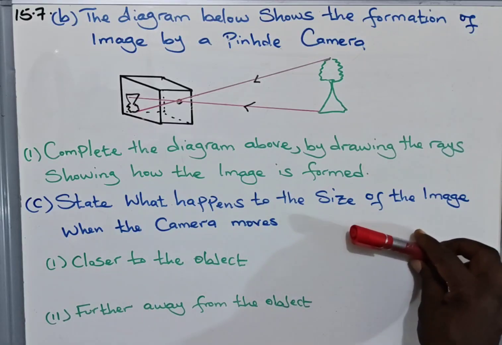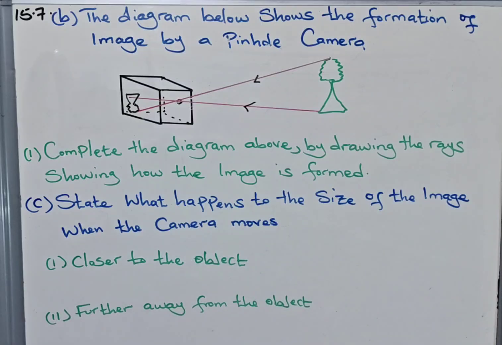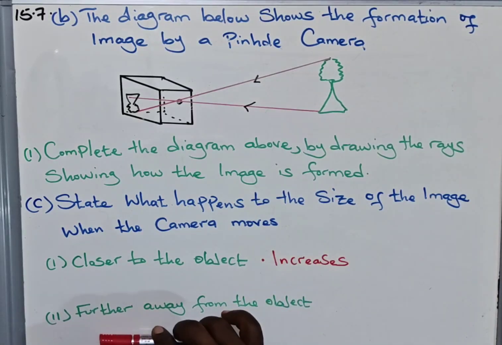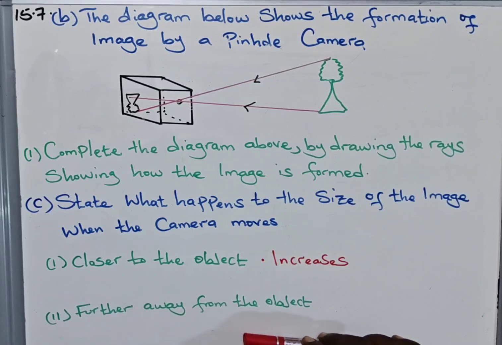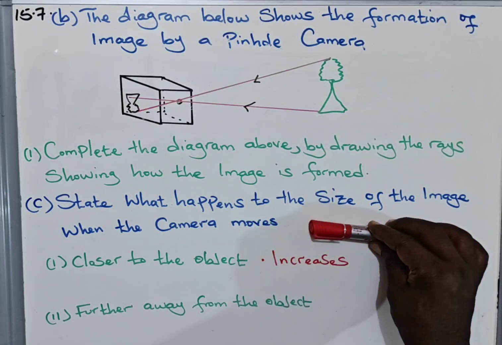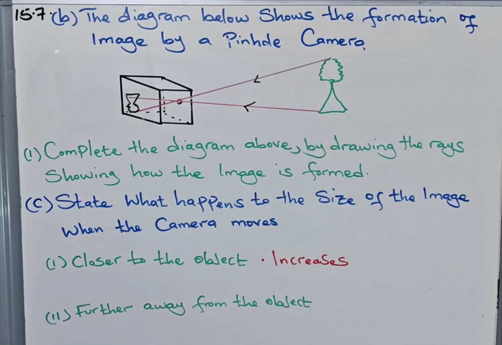The size of the image will increase. Then further away from the object. So when you move the camera away from the object, what happens to the image size? The answer is it will decrease.